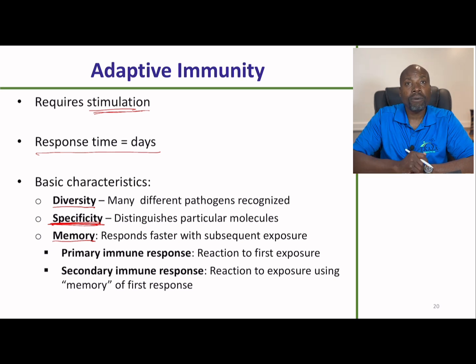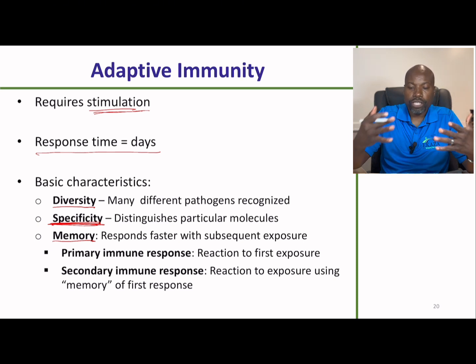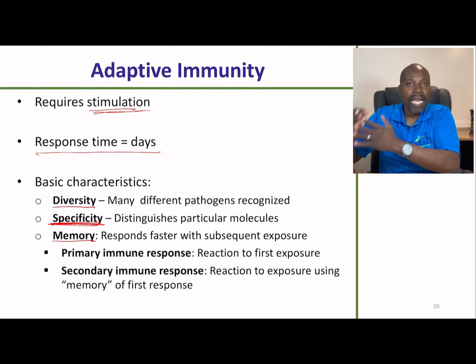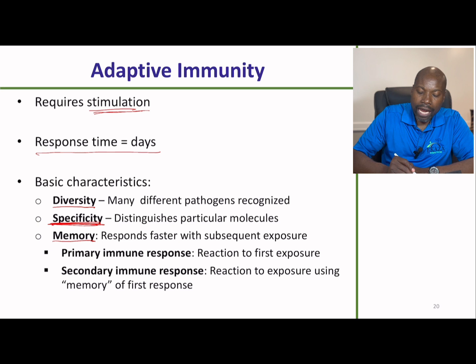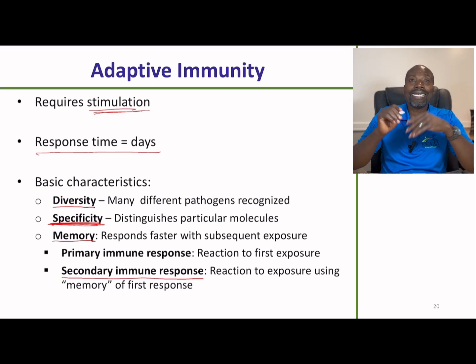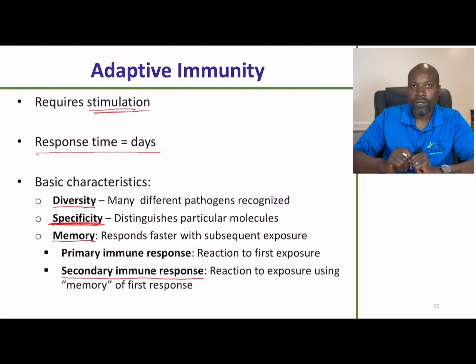Now, when it comes to memory, we have a primary immune response, which is the first specific reaction to an antigen. And then we have the secondary response, which is the second response. That second response is actually the first memory response, right?